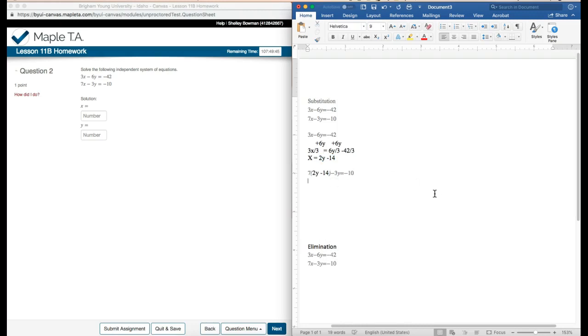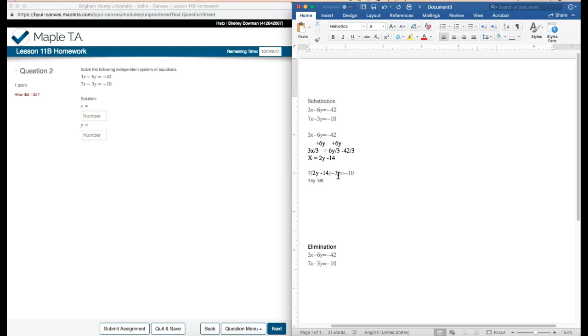So on the left-hand side, I have 7 times all of this, which takes the distributive property. So I'm going to take 7 times 2y and 7 times negative 14. So 7 times 2y gives me 14y. Negative 14 times 7 is negative 98.